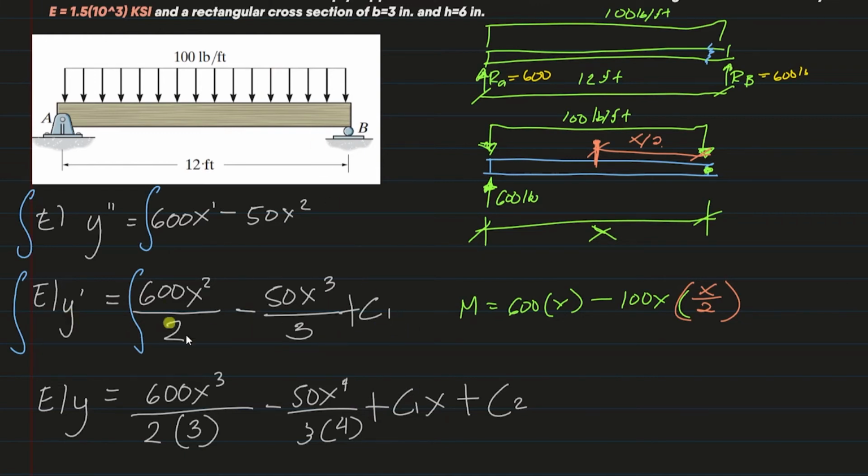If we try to look at the C1, ang kadugtong ng C1 is our y prime or our slope. Okay, so we need to find the boundary condition. We need to find a known slope and a known x value para mahanap natin yung C1, di ba? Kasi kapag given tong y prime and tong x, then we can solve for C1.